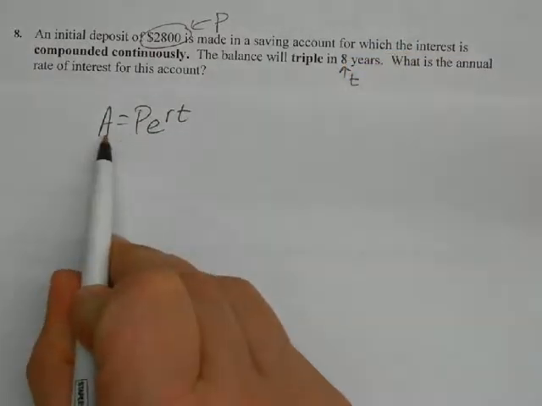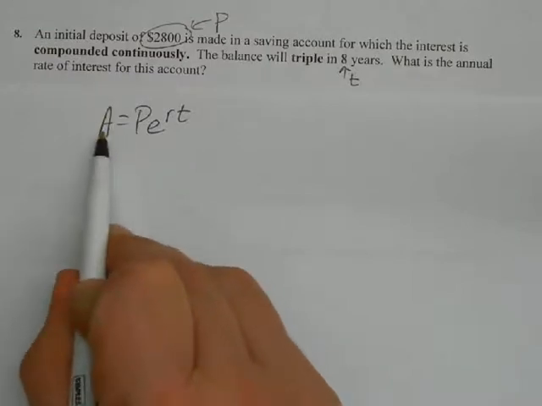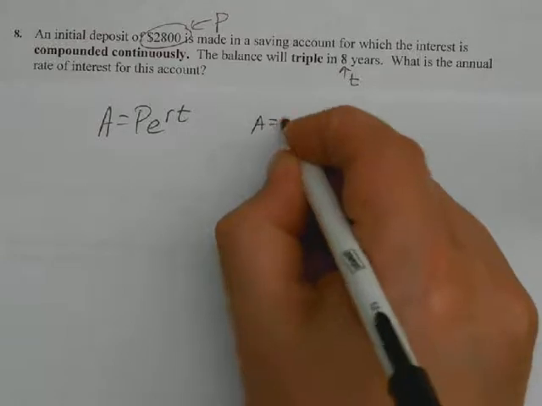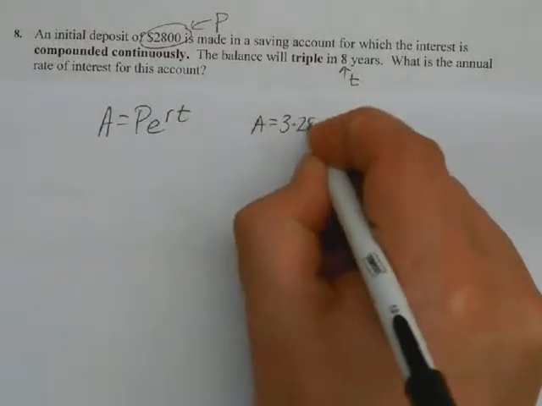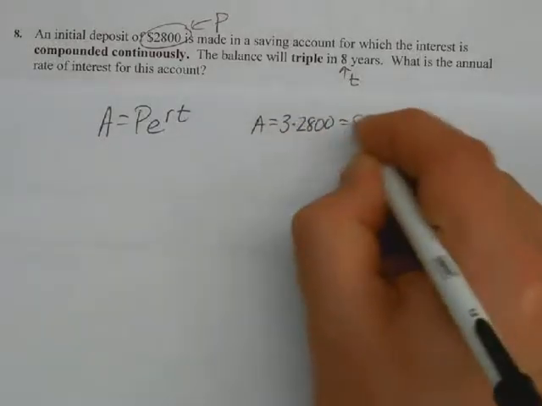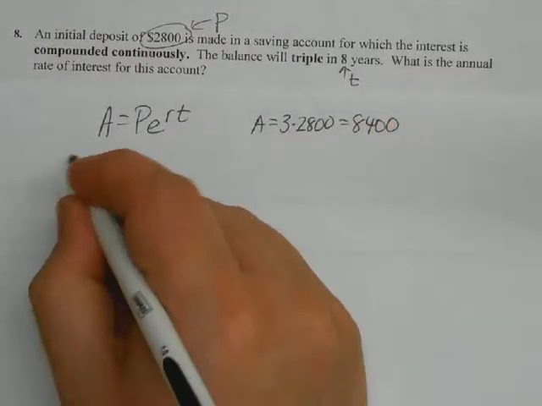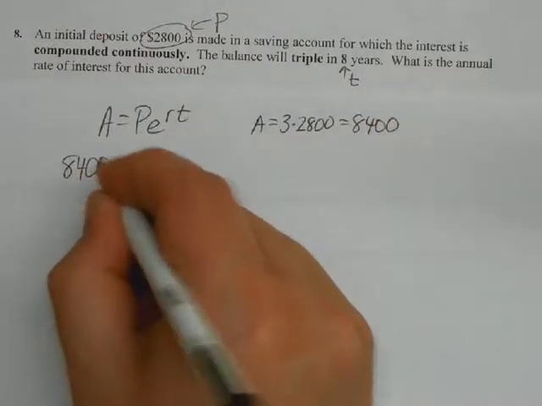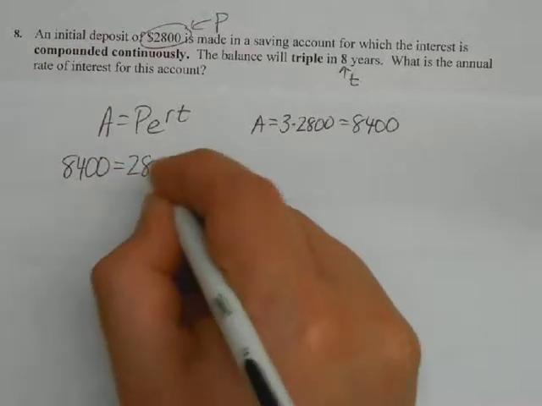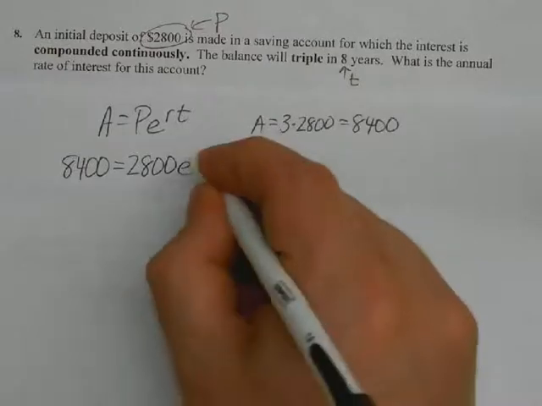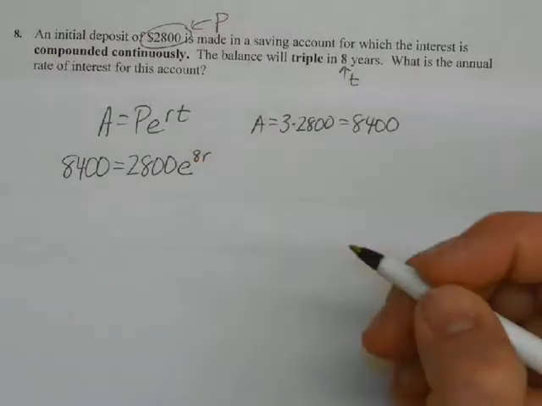Notice we're not given A, but it does say the balance will triple. So A is simply 3 times the original $2,800. So plug in what we know, we get 8,400 equals 2,800 times e to the rt. We said t was 8, so we can write that as 8r.